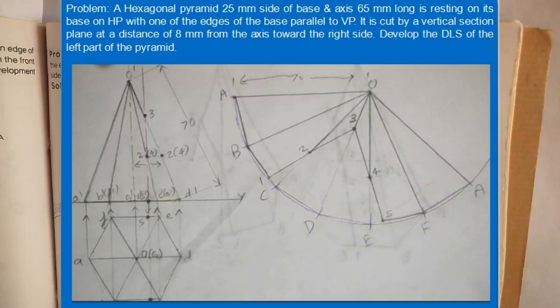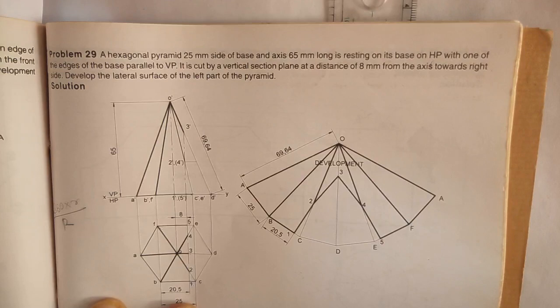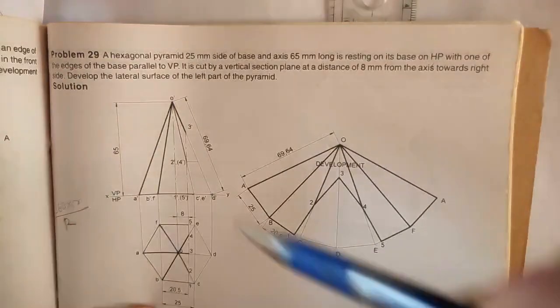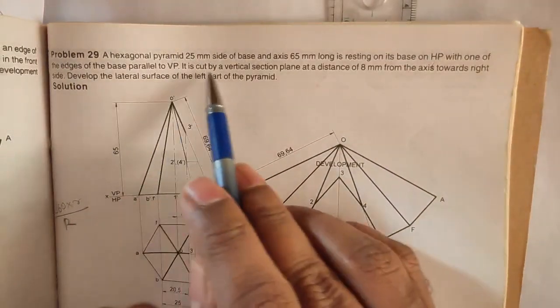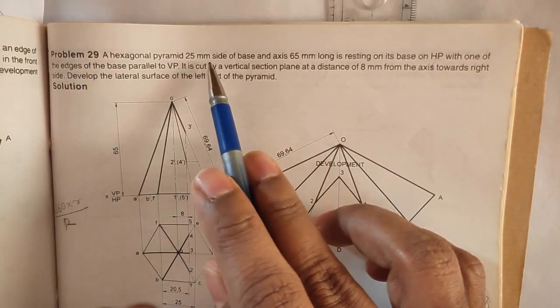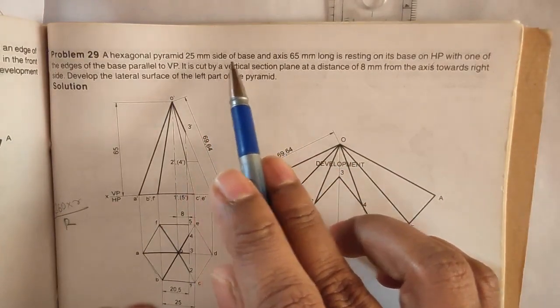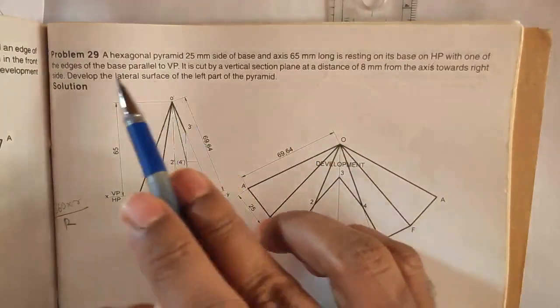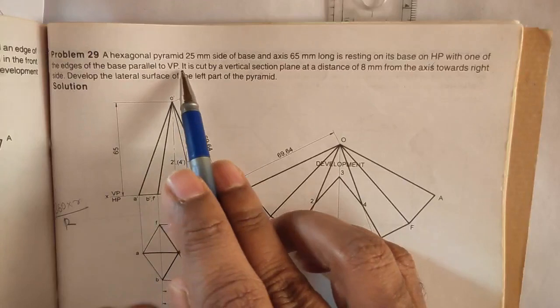So now we need to first draw the top and front view of this particular hexagonal pyramid resting on HP. So what you need to understand here is it is having a base edge side of 25 mm and height 65, and it is resting on HP on one of its edges of the base parallel to VP.